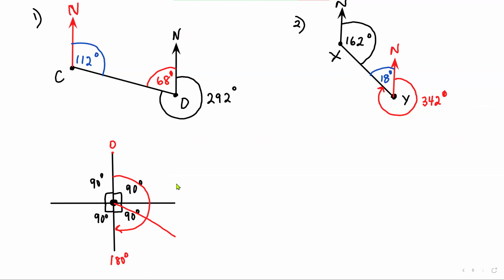So you can think of it in terms of when you're drawing your diagrams, if the bearing of, let's say, D from C is 112, you would expect D to be to the right of C, right? Now, any angle that is more than 180 degrees but less than 360 will be on this side here, right?